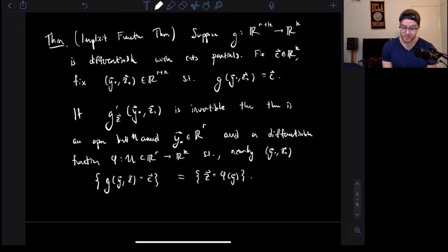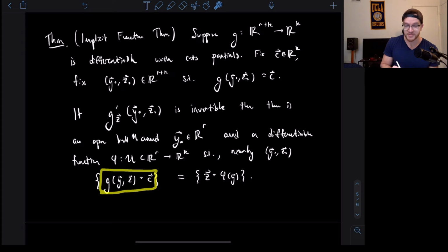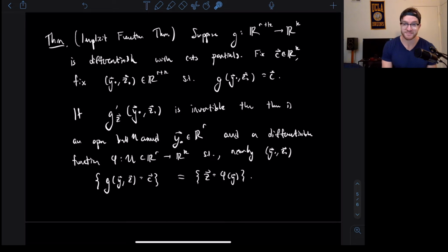In other words, locally near the fixed solution point, the blob described by this system of equations is the graph of some function phi. Okay.